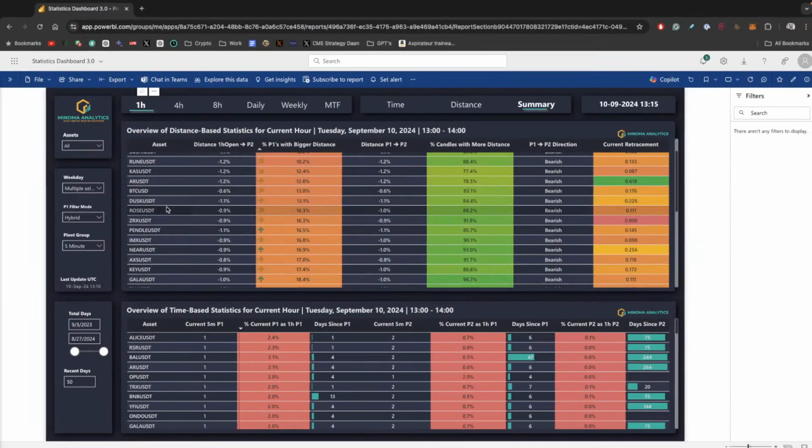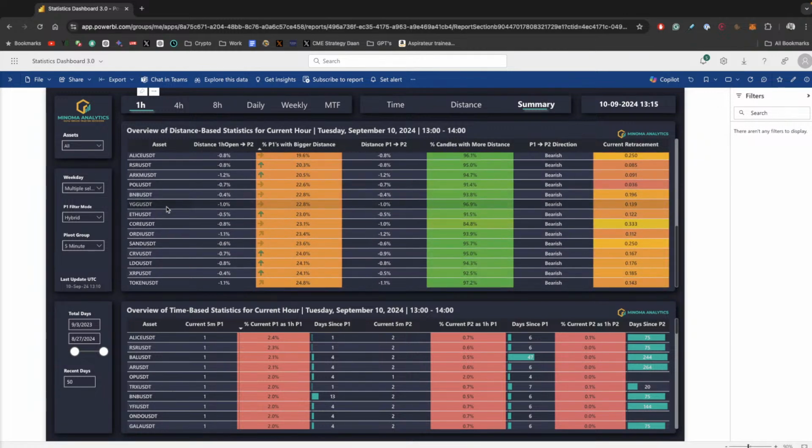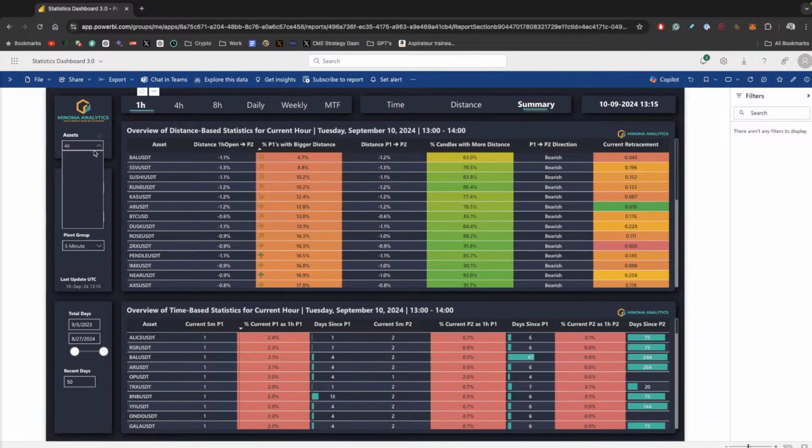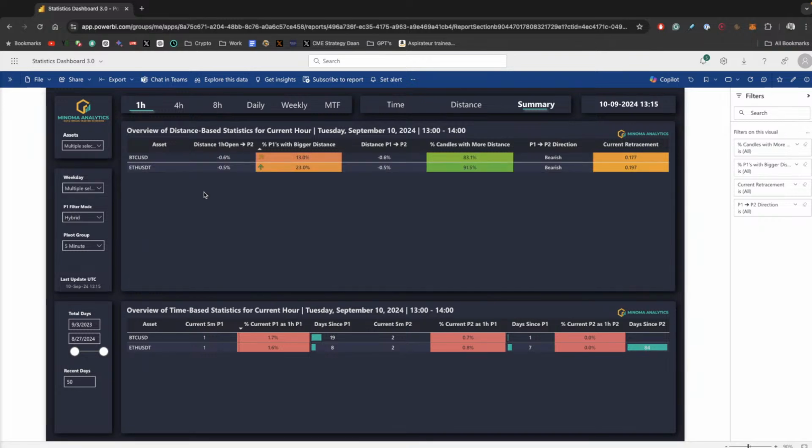If I would look for Bitcoin, where's Bitcoin? Let me remove that. Yeah, you immediately see something interesting.